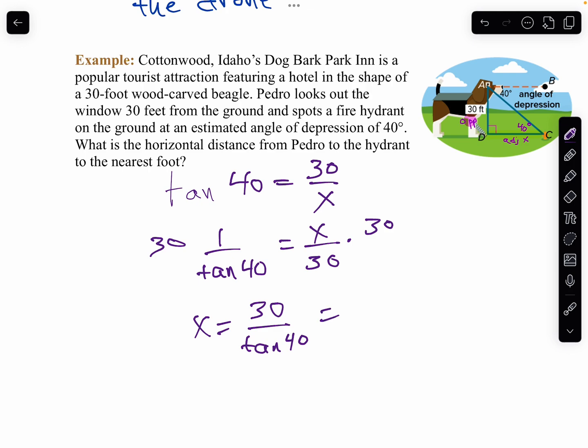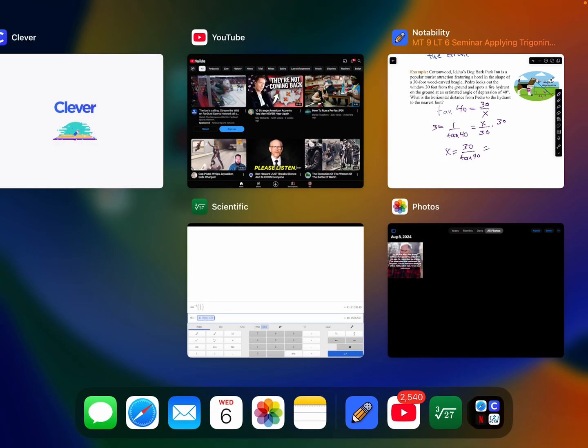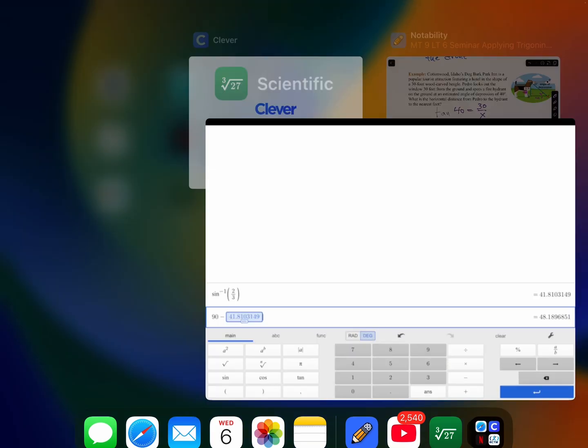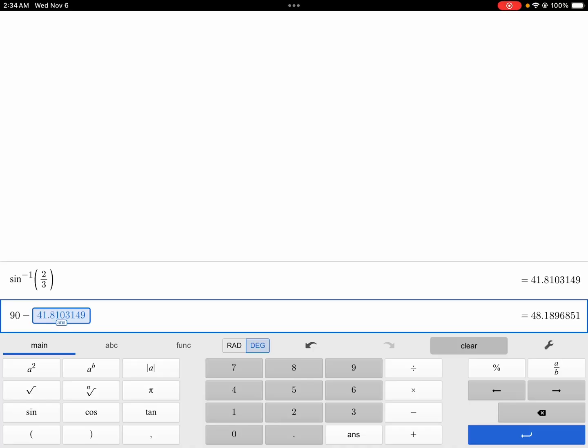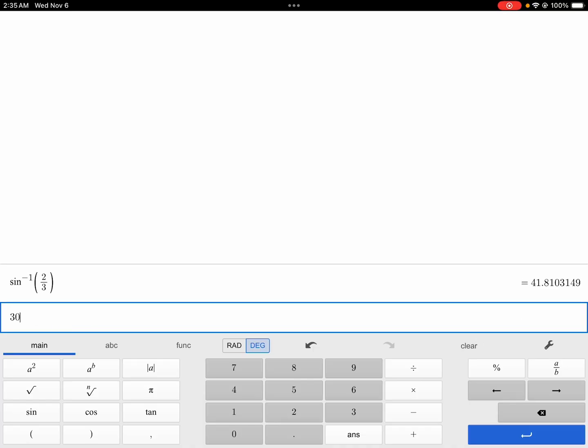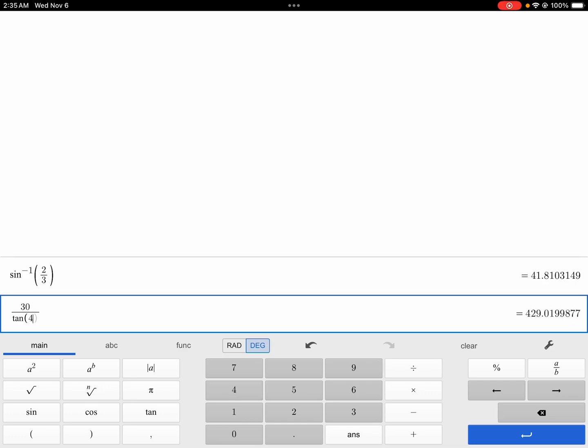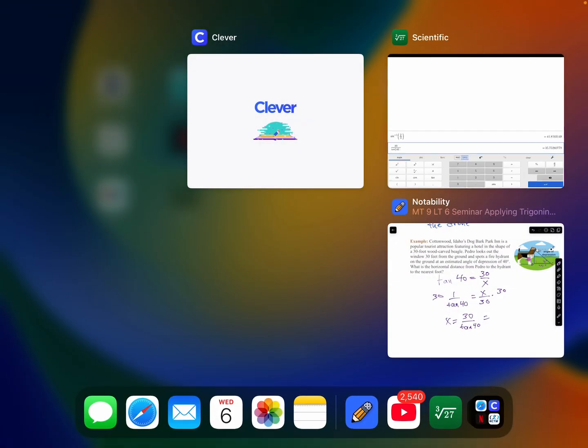And then I'm going to type in my calculator: 30 divided by tan 40. And I get 35.7, so we'll say 36 feet.